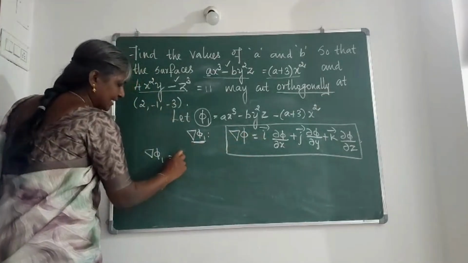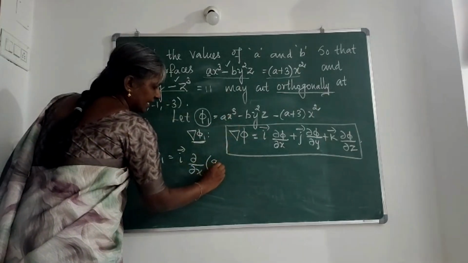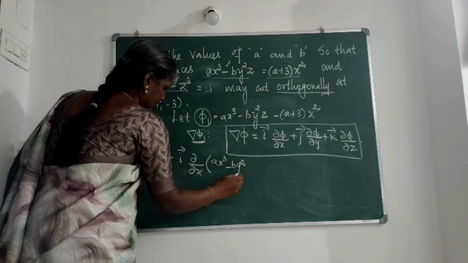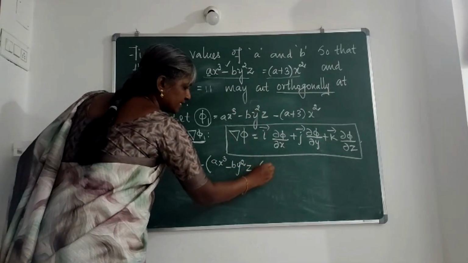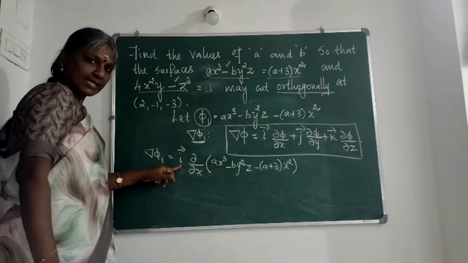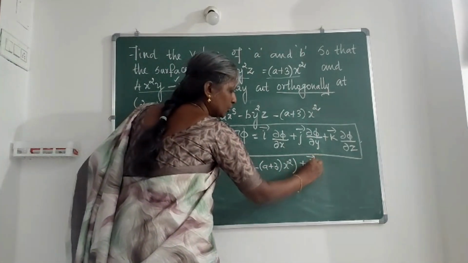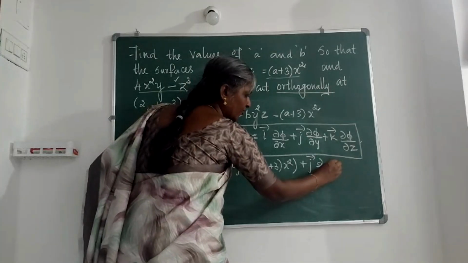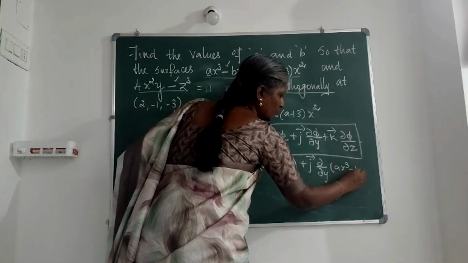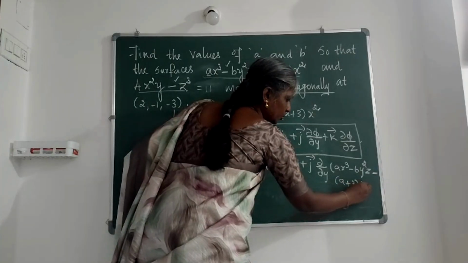So vector i into dou by dou x of a x cube minus b y squared z minus (a plus 3) into x squared, plus vector j into dou by dou y of the same expression.